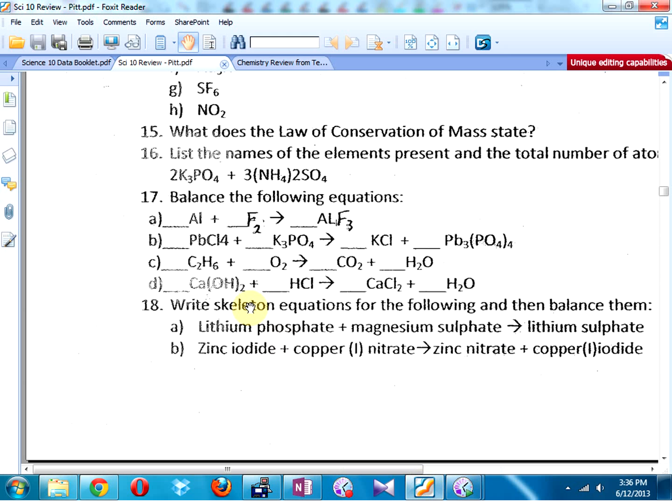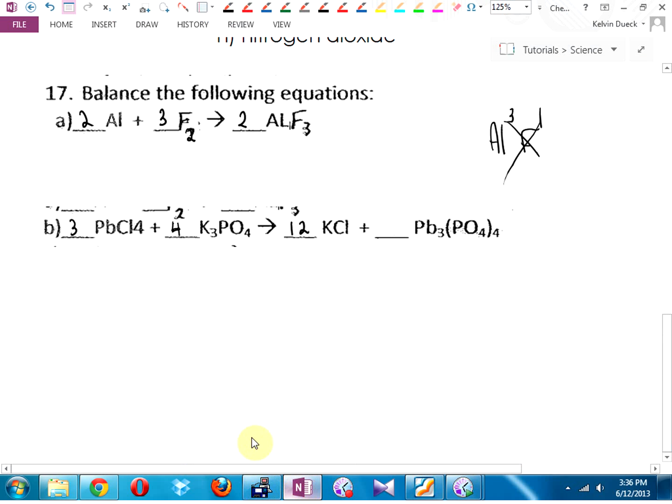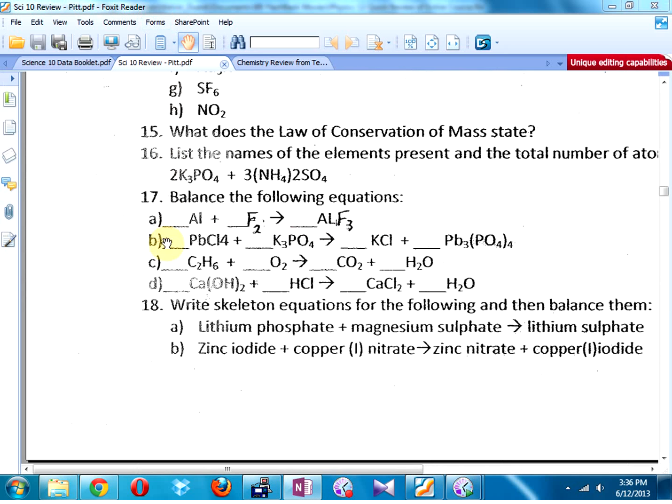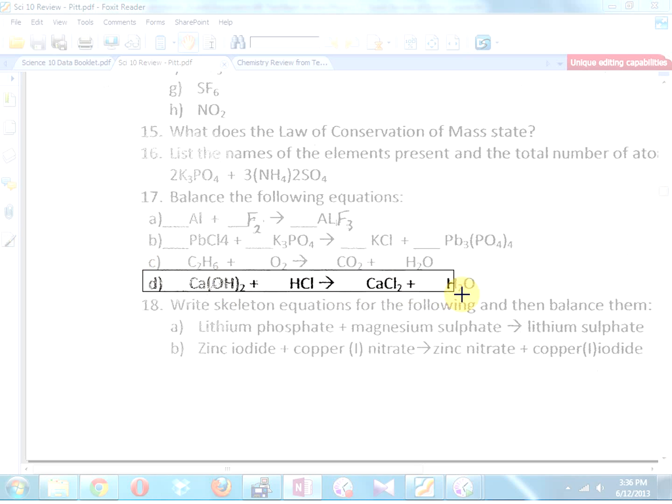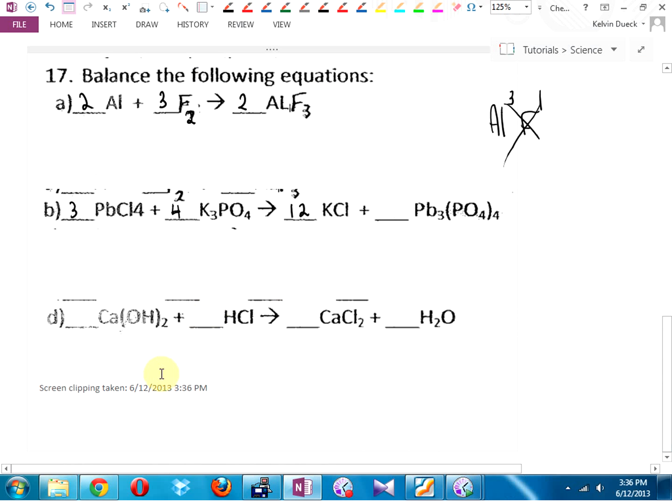No, let's try D. Now there is a polyatomic ion, see it right there? But this is actually an acid-base reaction.